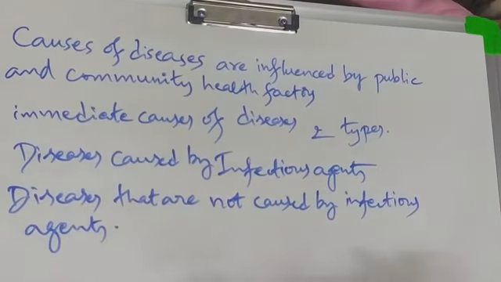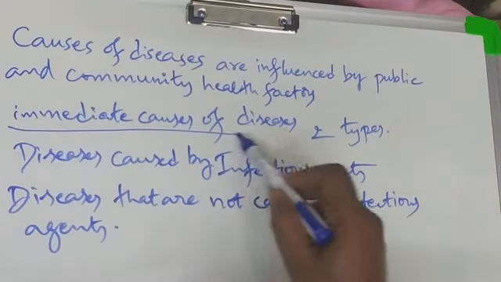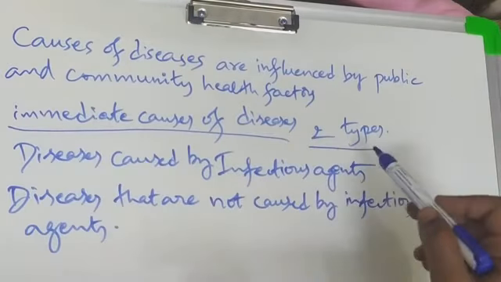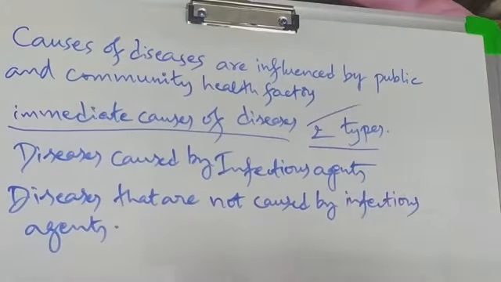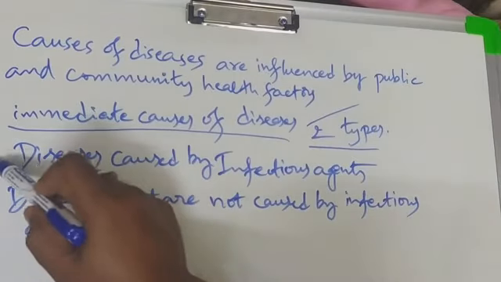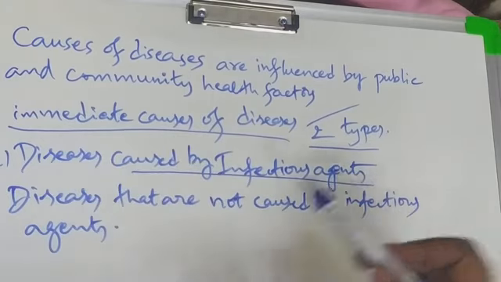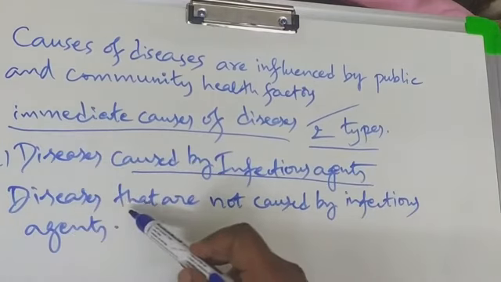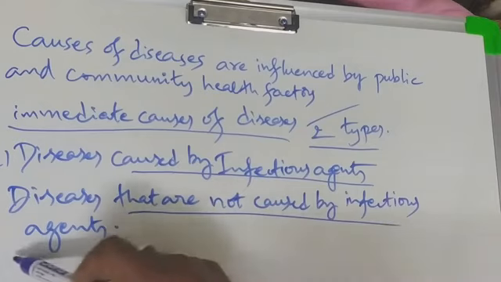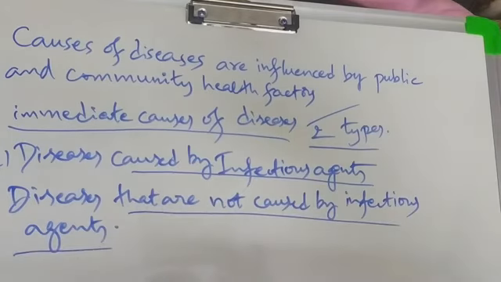So, based on the immediate causes of diseases, the diseases are of two types. They are diseases caused by infectious agents, and diseases that are not caused by infectious agents.